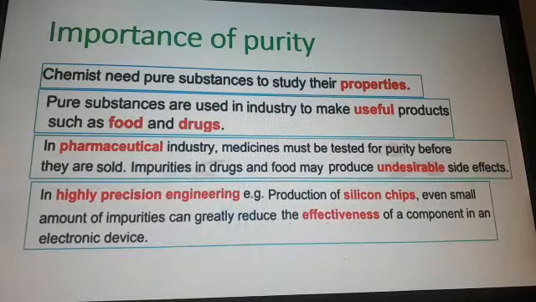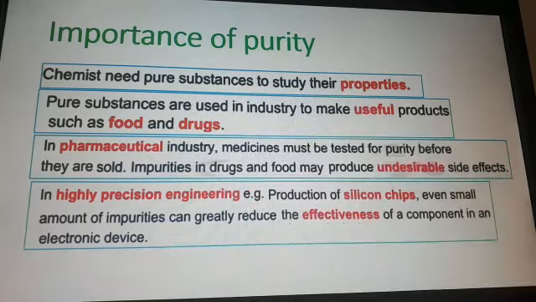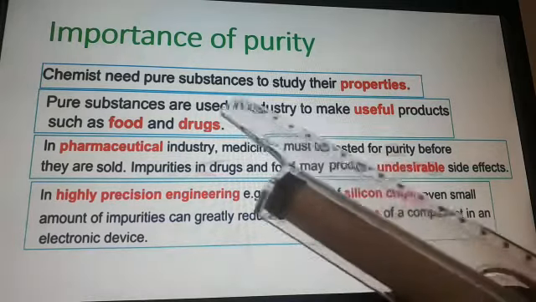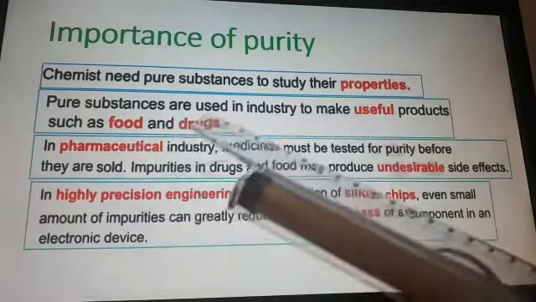And now the importance of purity. All of you know that purity is very important in our daily life. We need pure things. Chemists need pure substances to study their actual properties. Pure substances are also used in industry to make useful products such as food and drugs.